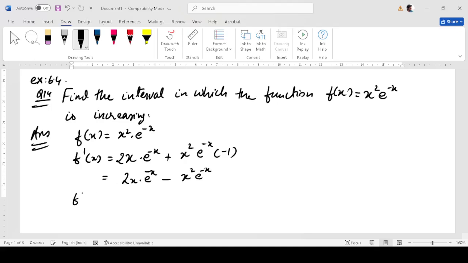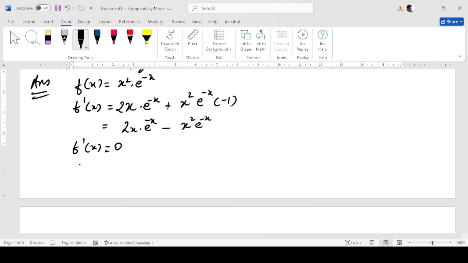Now to find out the critical points, we'll have to equate this to 0. So if f dash of x is equal to 0, we can write 2x e power minus x minus x square e power minus x equals 0.